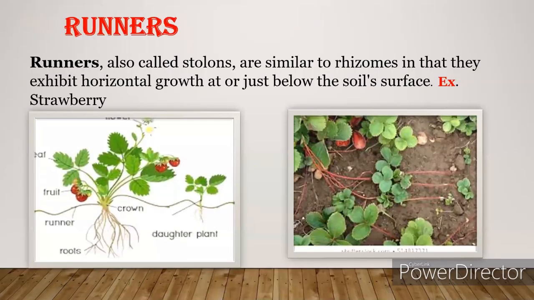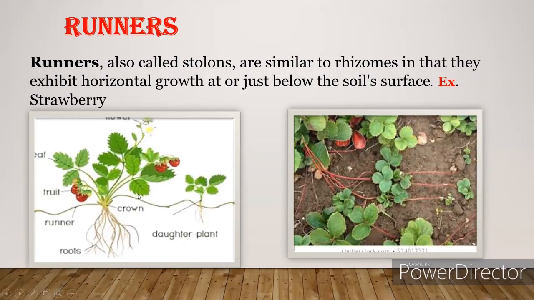Then the next one is the runners. Runners are also called stolons. These are similar to the rhizomes in that they exhibit horizontal growth at or just below the soil surface. Then, like the rhizomes, they originate from the existing stems. As the runners grow, they develop roots from the buds located at the nodes and their tips.